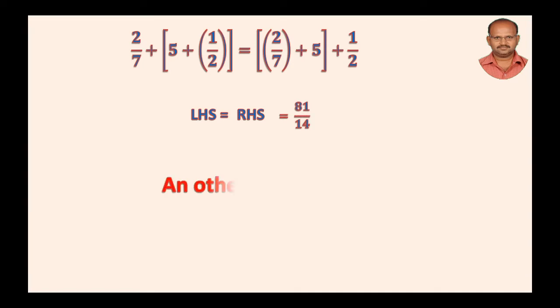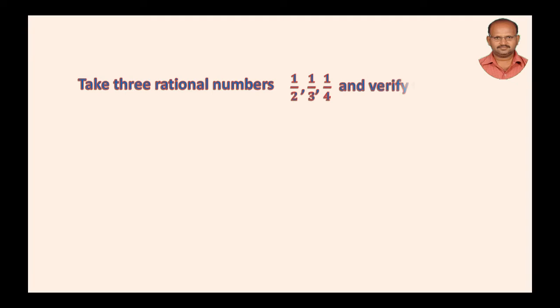Take another example for addition. Take three rational numbers, that is 1 by 2, 1 by 3, 1 by 4 and verify them. Both are equal or not.